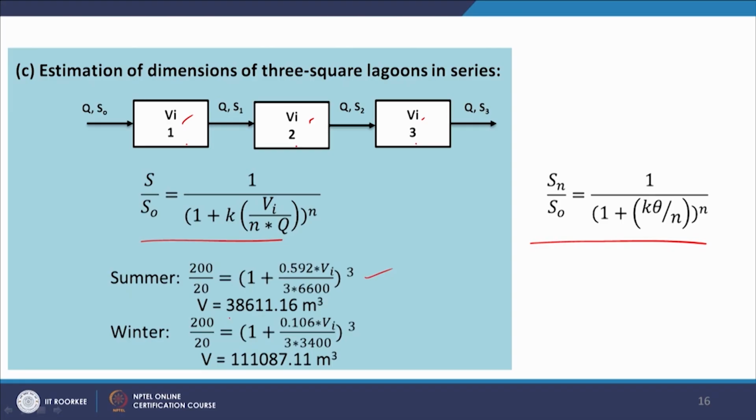So, V is equal to 38611.16 meter cube. But for winter, 200 by 20 is equal to 1 plus k, 0.106 into V_I divided by 3 into 3400, to the power 3. So, we are getting V equal to 111087.11 meter cube.